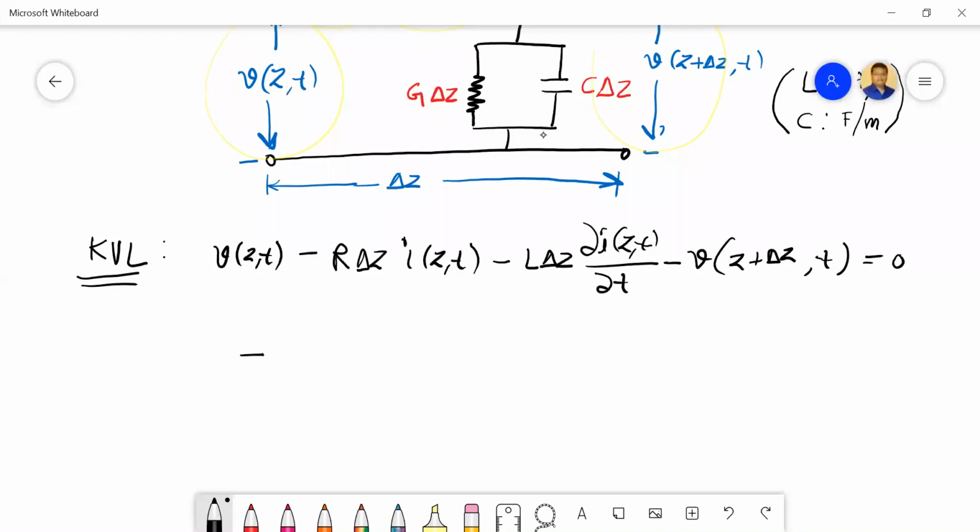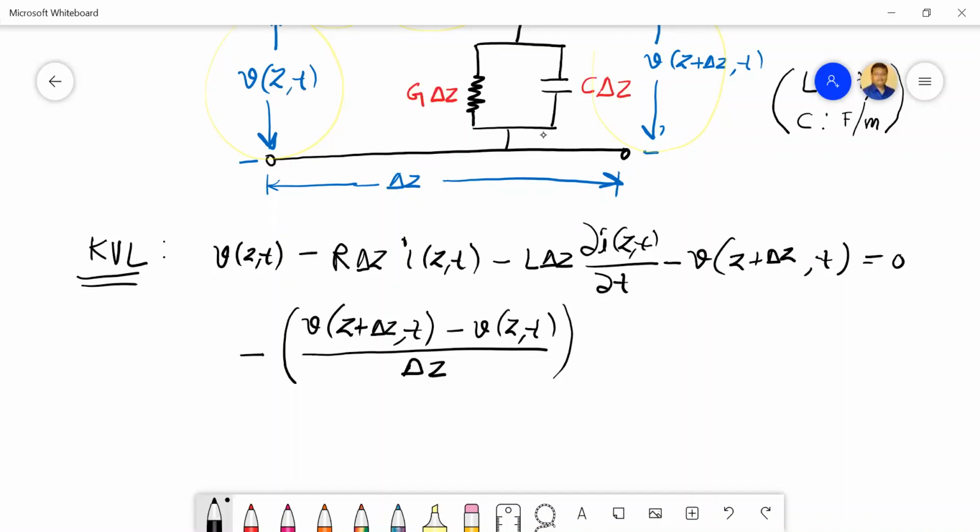When you rearrange, this equation will look like: V of z plus delta z comma t minus V of z comma t, divided by delta z, is equal to R I of z comma t plus L dou I over dou t.